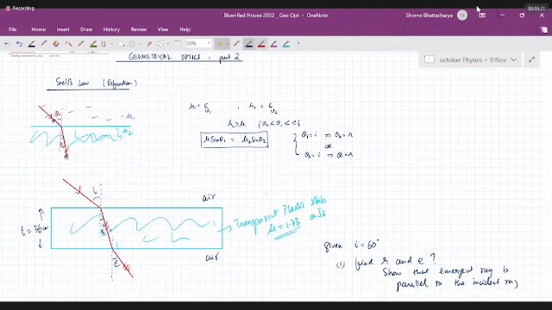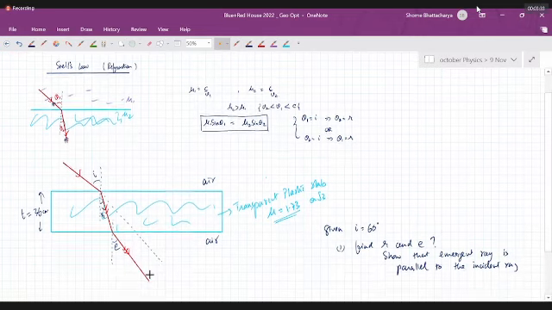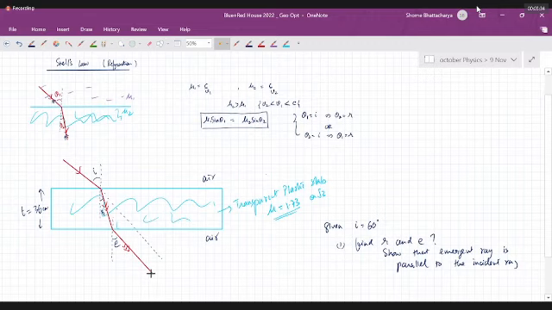And then additionally, we have to also find out that if you use the incident ray forward like this, this ray is supposed to be actually parallel to this. So this perpendicular distance between them is d. So we have to find d. Okay.